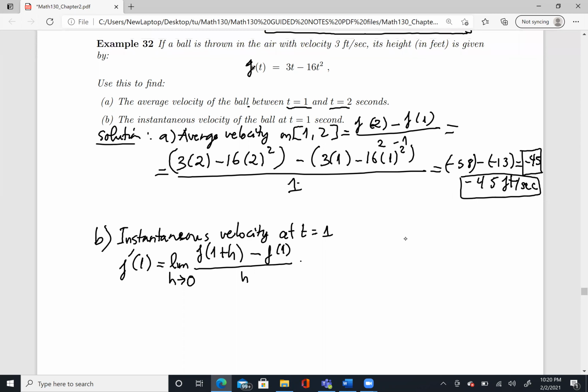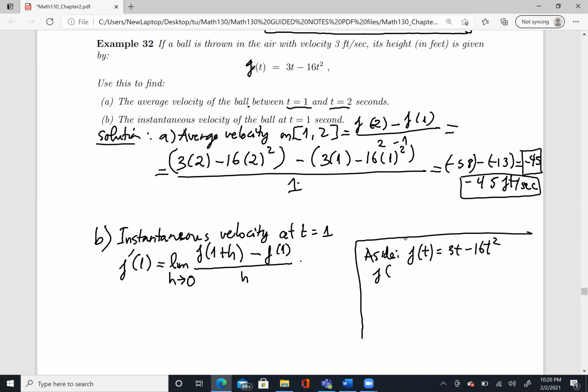So I can do a side work first to make sure I don't mess up. I have f(t) equals 3t minus 16t squared.